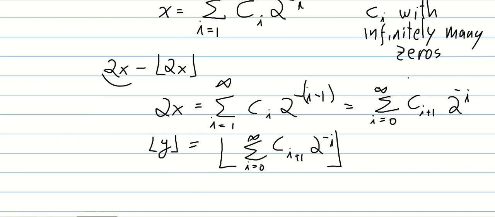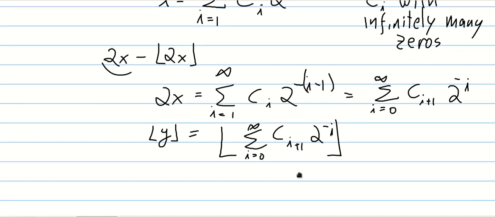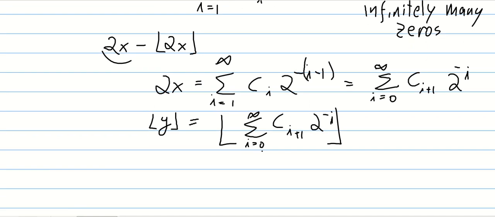And if we assume that C_i has infinitely many zeros, then the 0 coefficient can survive, because this is just 1, but all the other coefficients combined cannot sum to more than 1. So what this is saying is that the integer part of this is just C1.